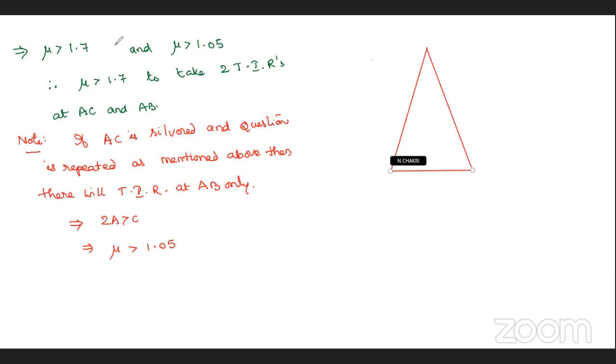Take it as one example. And here this side is silver, which side, AC is silver.